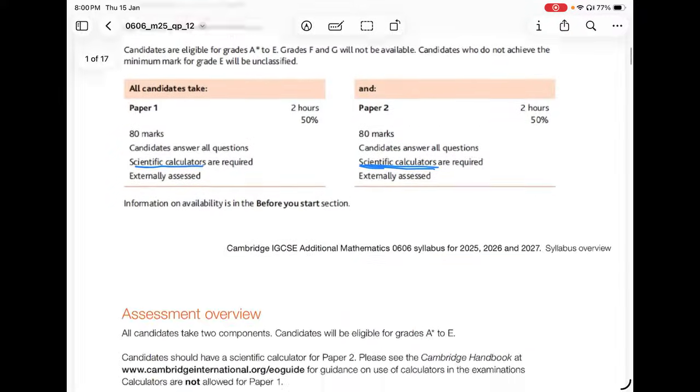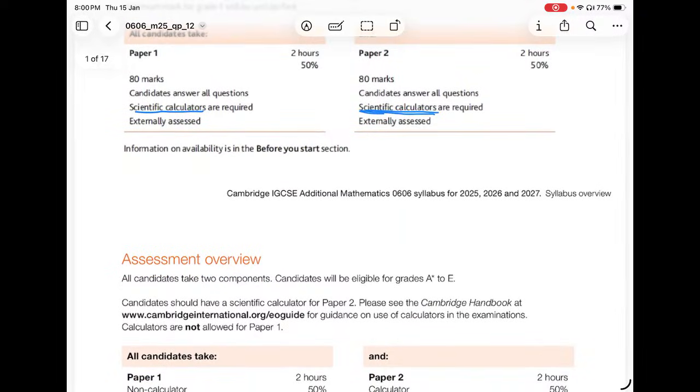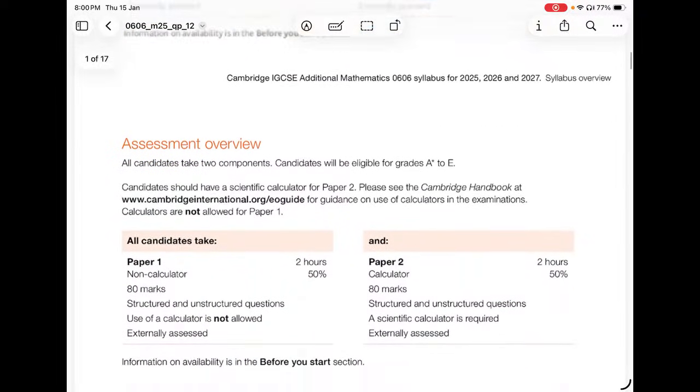The big change over here is that in the 2025 syllabus, there is a non-calculator paper. This non-calculator paper is paper one, which means that you should be able to solve questions without using a calculator.